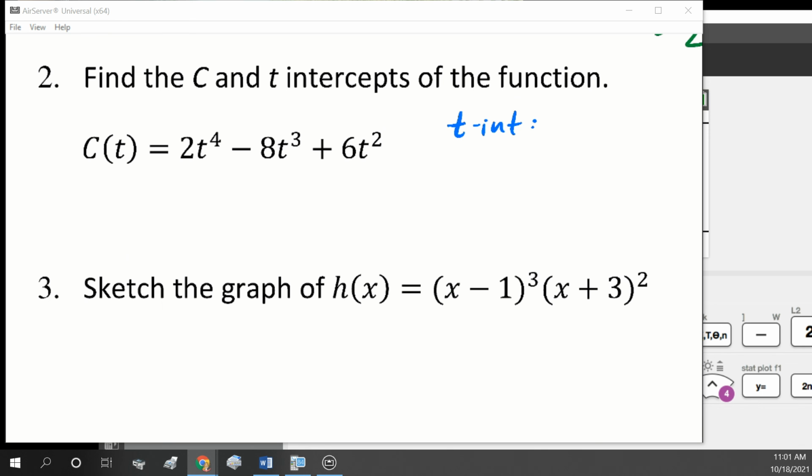All right, so before I can find my t-intercepts, what do I need to do? Yeah, we need to factor it. And so first thing we would do to factor it is factor out a common factor. It's been a while since we factored.